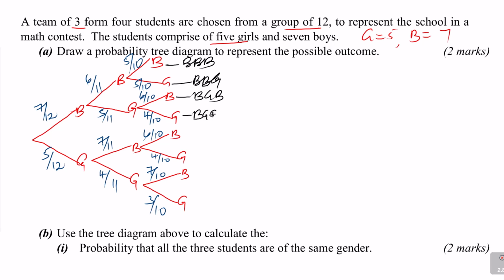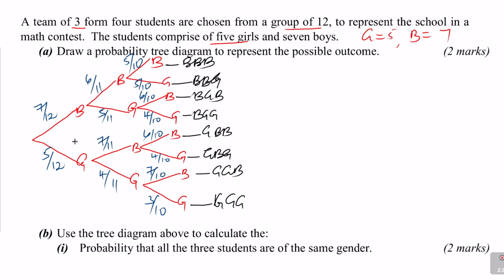Then this one is girl, boy, boy. The other one is girl, boy, girl. And then we have girl, girl, boy. And then the last one, 3 girls. So the tree diagram is complete.